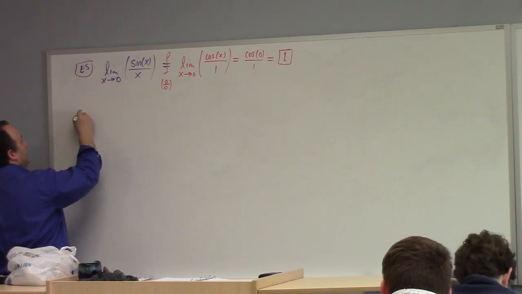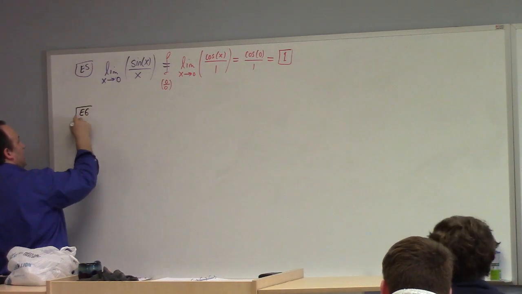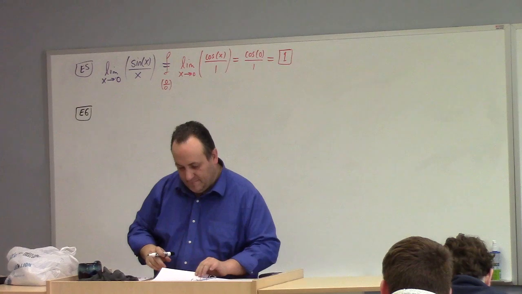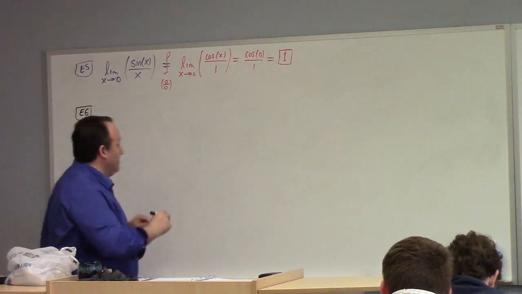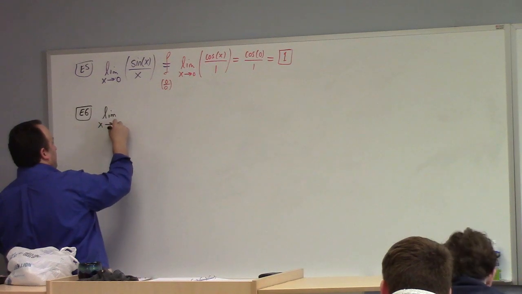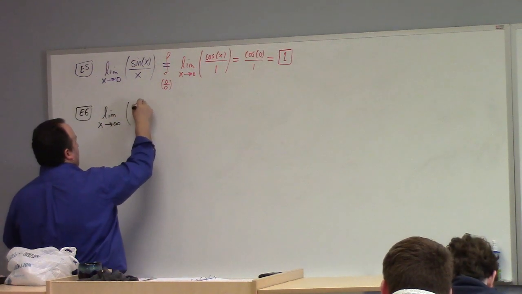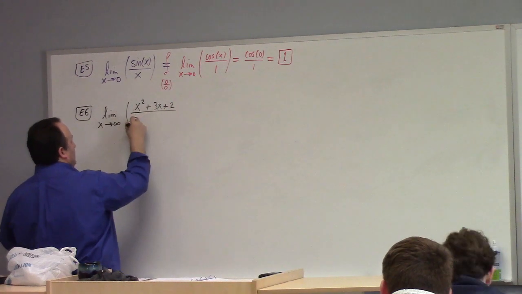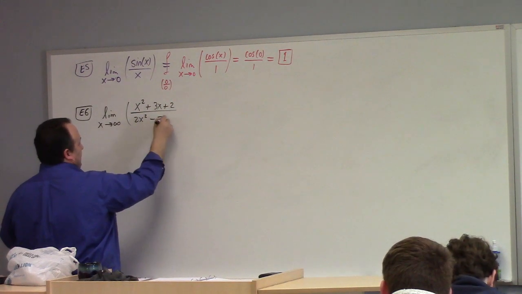So, example 6. What if we look at the limit? I'll do one of these. Limit as x goes to infinity of x squared plus 3x plus 2 over 2x squared minus 7.